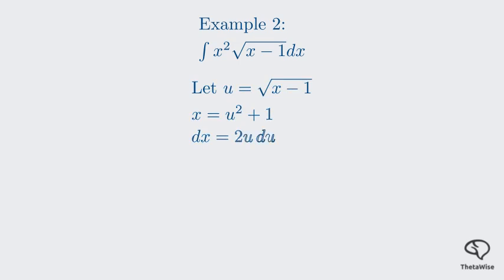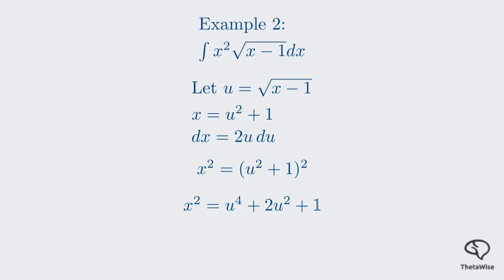These are the building blocks for our transformation. The only new piece we need is a substitution for x squared. Since we know x equals u squared plus 1, we can simply square that expression. So x squared becomes the quantity u squared plus 1, squared. Expanding this using the binomial formula gives us u to the 4th plus 2u squared plus 1.